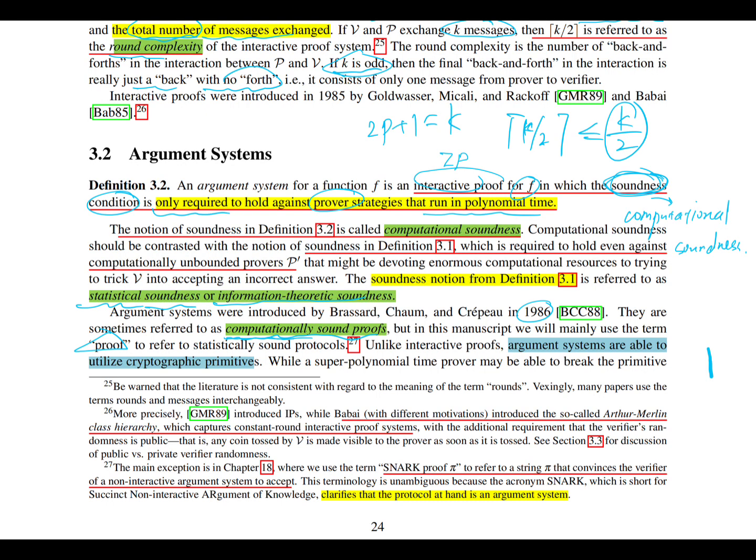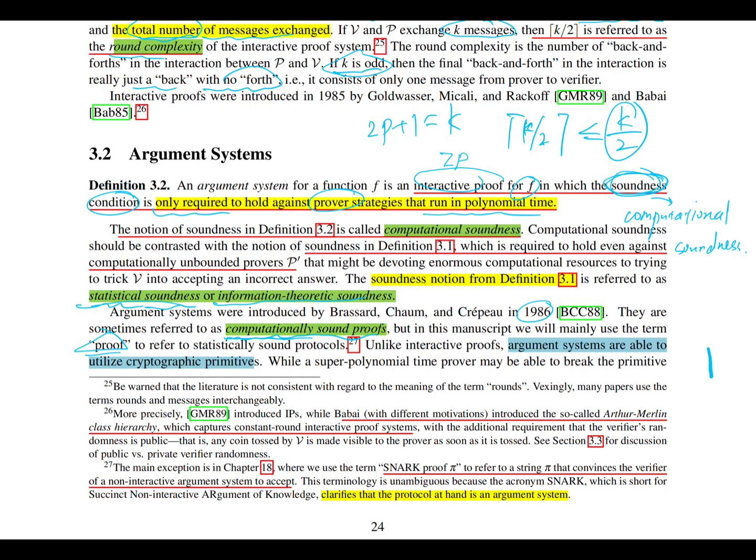So proof is statistically sound, and has the same property as the interactive protocol. They both use the common soundness.